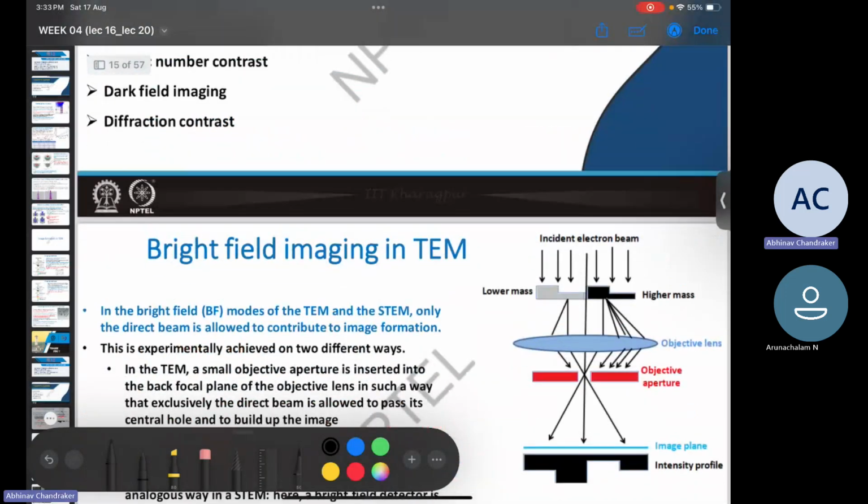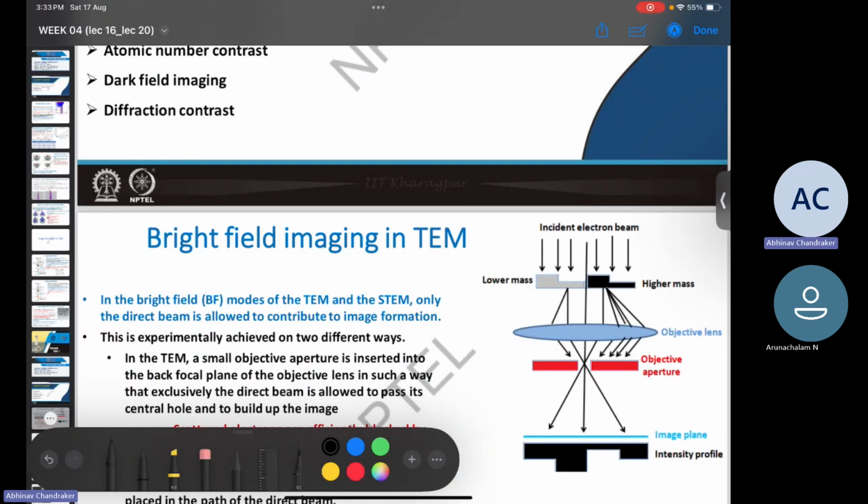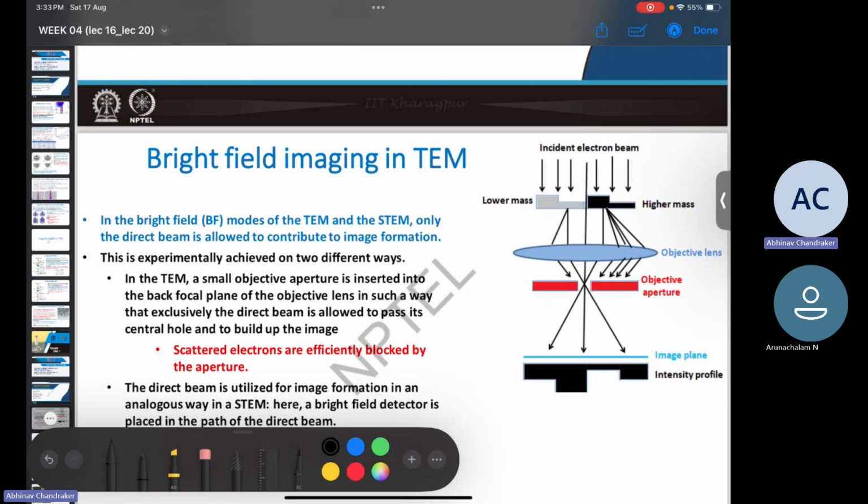Now that we have some idea of how the contrast is generated, let's look at the different imaging modes in TEM, just in the same way as we had multiple modes for optical microscopy. For example, bright field imaging, dark field imaging, fluorescence microscopy, differential interference contrast microscopy, phase contrast microscopy.